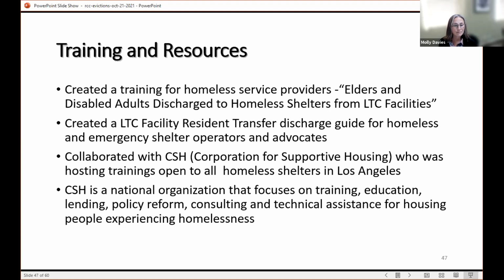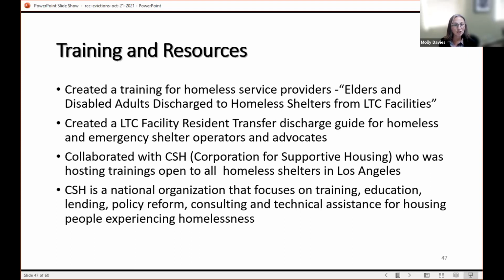We collaborated with the Corporation for Supportive Housing, who was hosting trainings over Zoom for homeless shelters in Los Angeles. And so we thought, what a great way, rather than going shelter by shelter, to reach this wider forum.